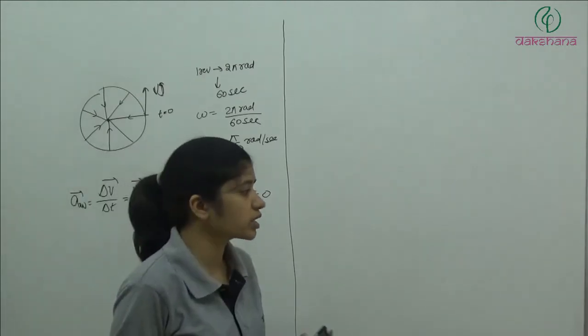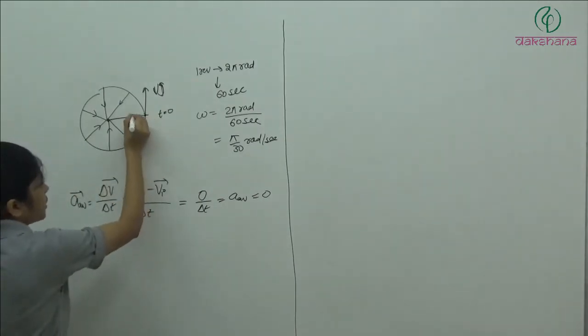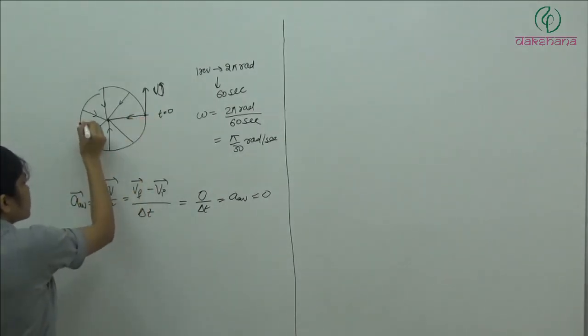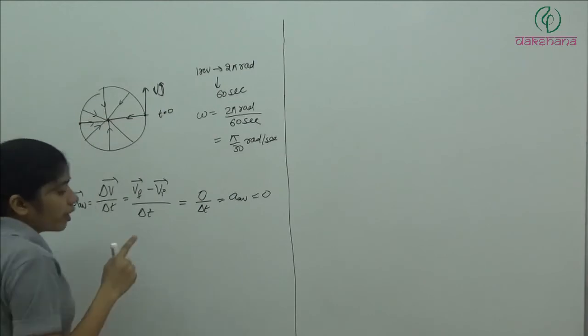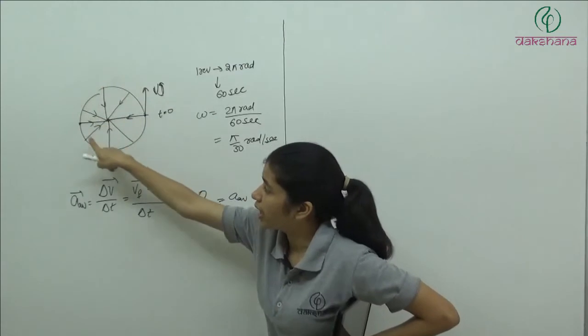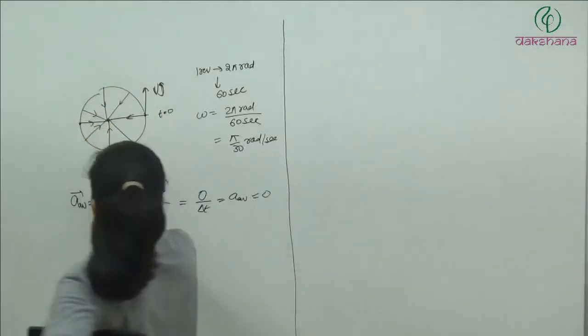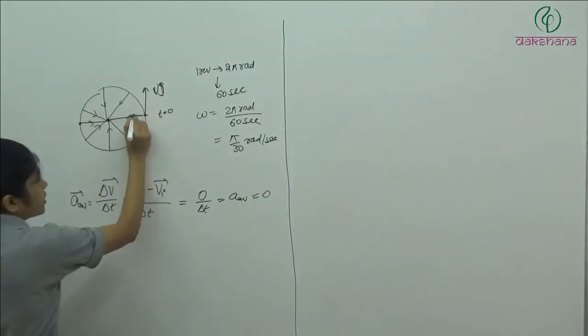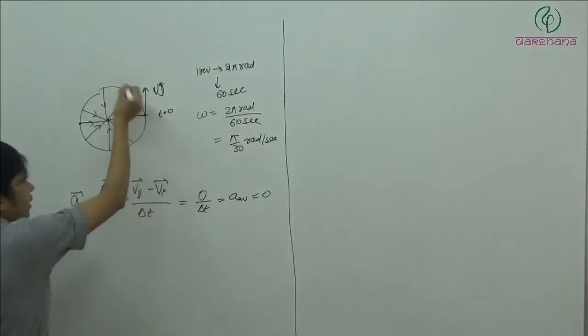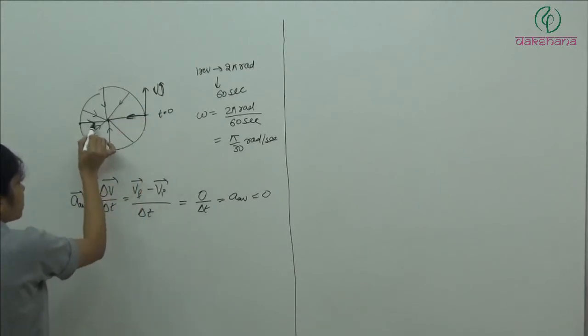Another way of doing this: at this instant acceleration was in this direction, and at this instant acceleration was in this direction. So for taking the average, we can add all the accelerations. When you add all the accelerations in this complete interval, for some time acceleration was in this direction, for some time in this direction.